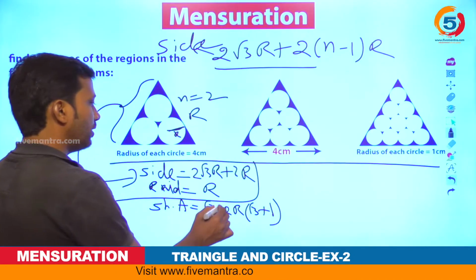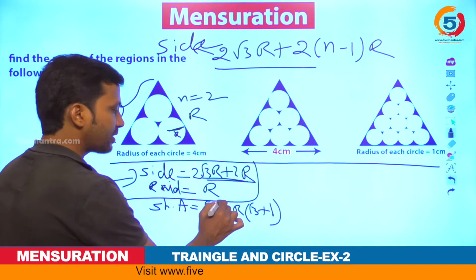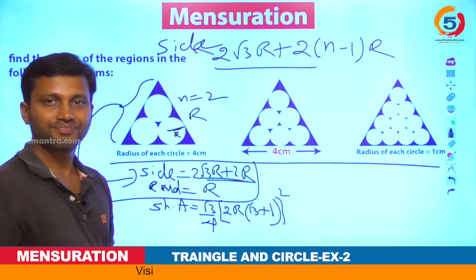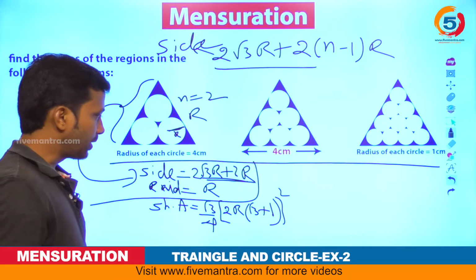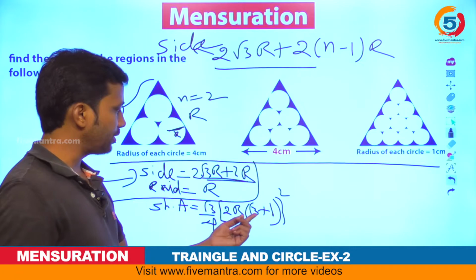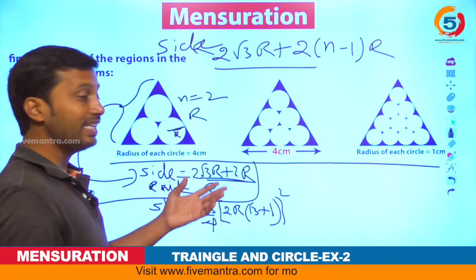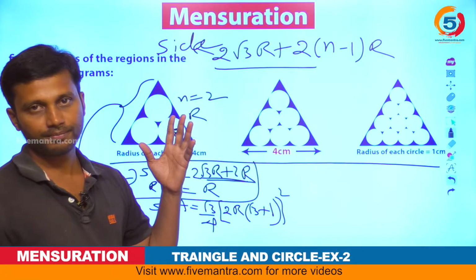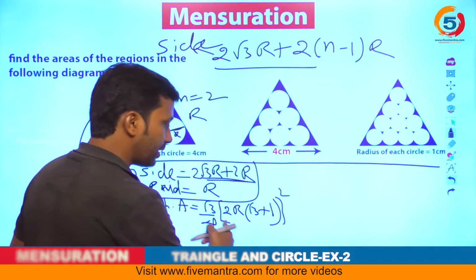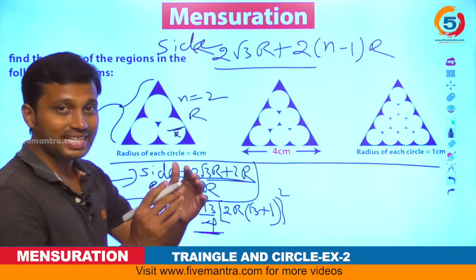Now, this is a, or not? Root 3 by 4 a square means this whole thing squared. Got it? Because your side is 2R into (root 3 plus 1), you have substituted it in place of a, and you can find the area of the equilateral triangle. Now, from this equilateral triangle, to find the shaded area we need to subtract the areas of 3 circles.